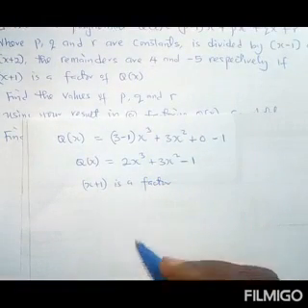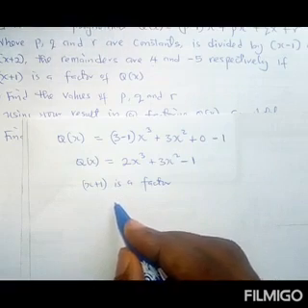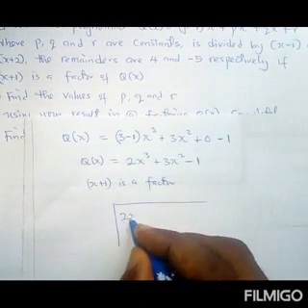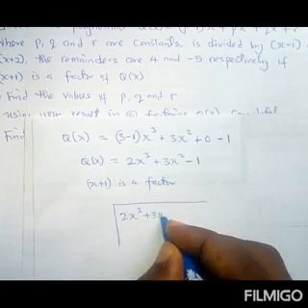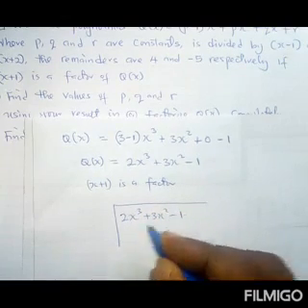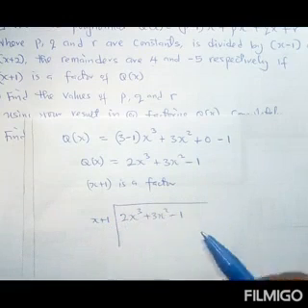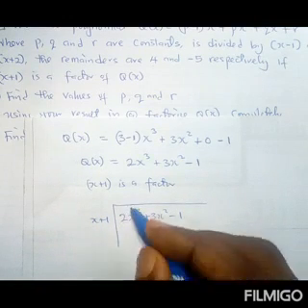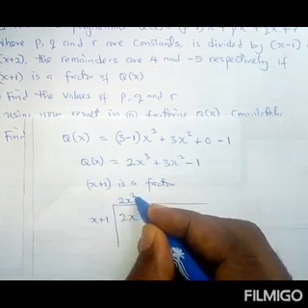X plus 1 is a factor, so you use your long division. This is 2x cubed plus 3x squared minus 1, divided by x plus 1. So x divide 2x cubed will give you 2x squared.